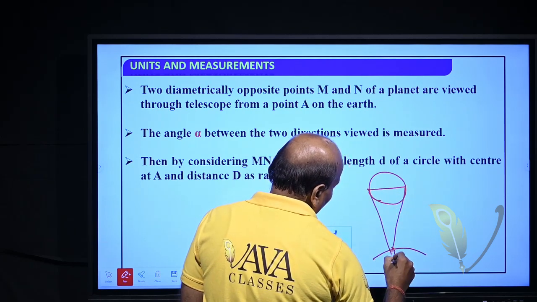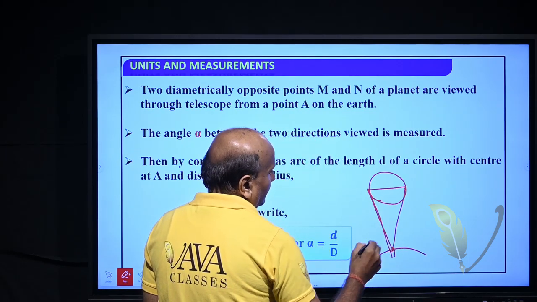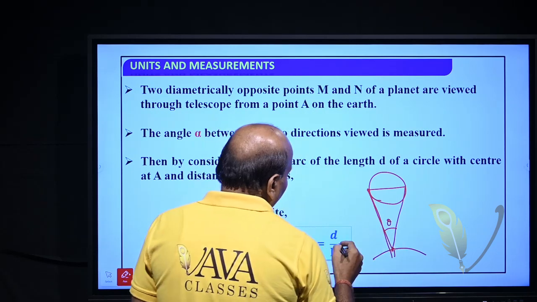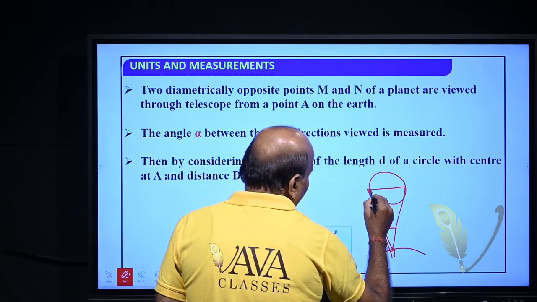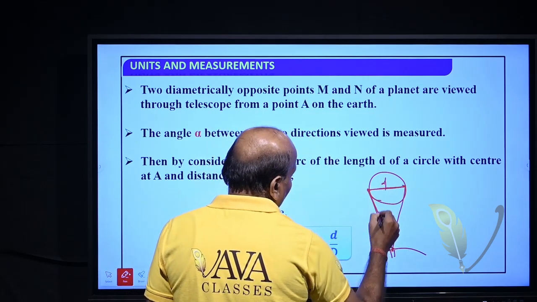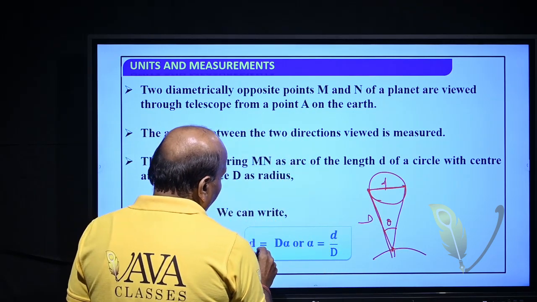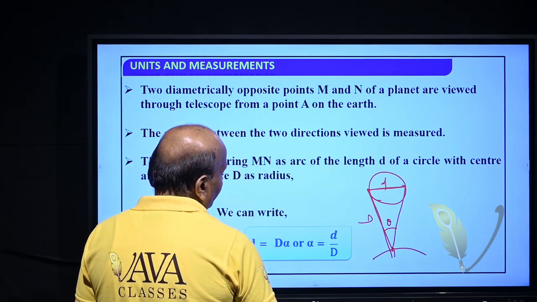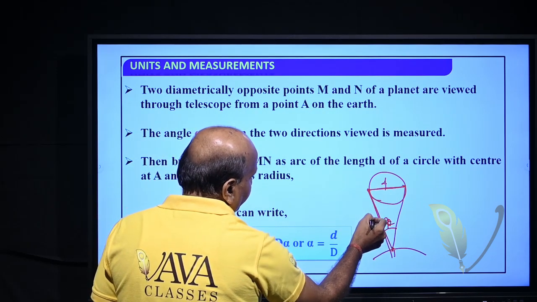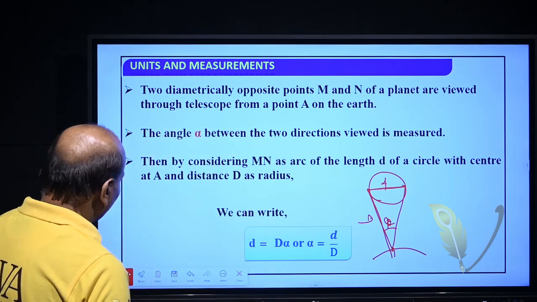We focus the telescope on these two points from a single point, then we measure this angle alpha. If the diameter of the planet is d and the distance D is already measured, then we can write d is equal to D into alpha, or alpha is equal to d by D.